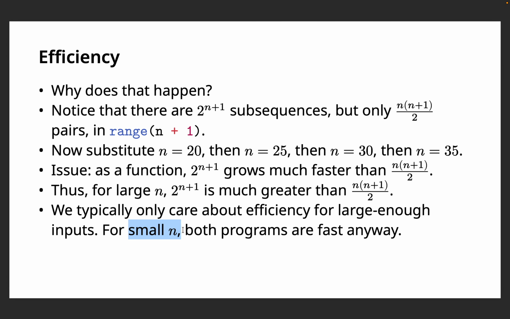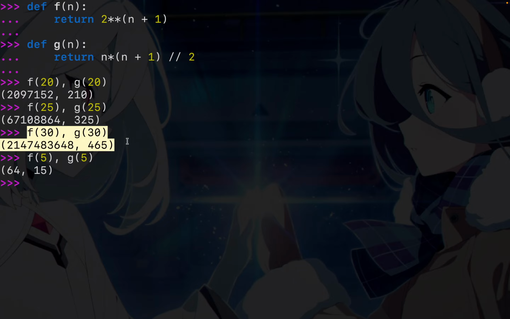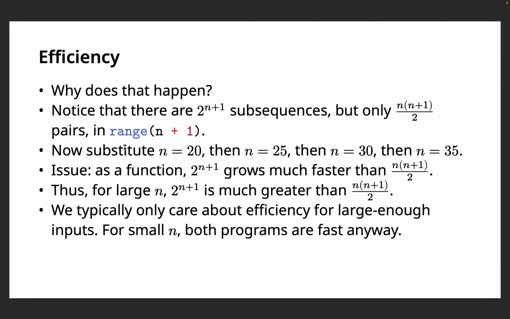So for small inputs, regardless of what our function actually does, let's say f of 5 and g of 5, if our inputs were just 5, then the difference is kind of negligible. It's for larger inputs where we really start to see the difference between how many operations each of the functions actually does. So that's why we only usually care about large n.